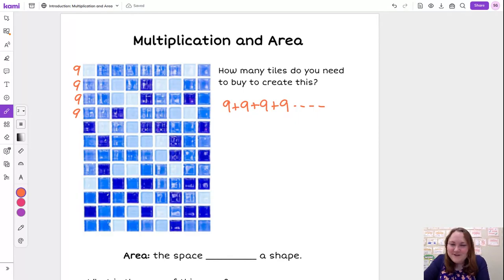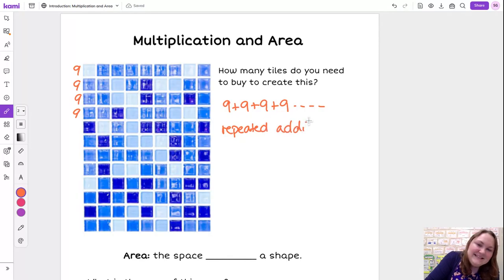The fastest way, though, to do this is using multiplication. Multiplication is what we call repeated addition. Anytime you are looking at a problem and you notice I need to add the same number again and again and again, like we're doing here, the fastest way to solve that will be with multiplication.